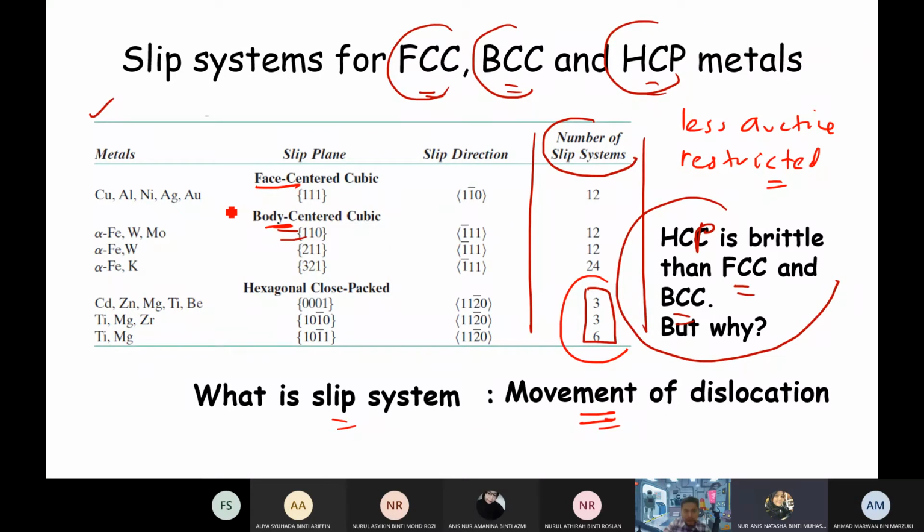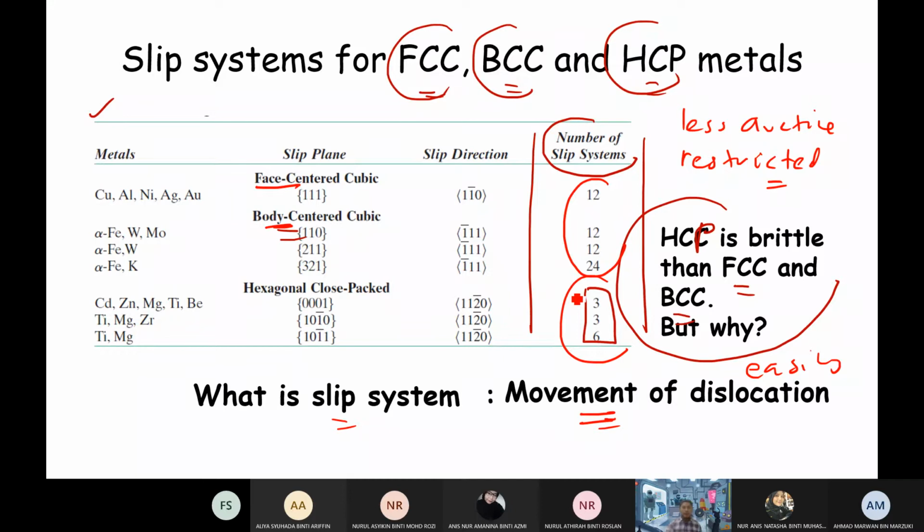Okay, faham, betul tak Anis? Faham. So if we have a large number of slip system, meaning that the dislocation can move easily. So as a result, our material will become what? Material kita jadi apa?